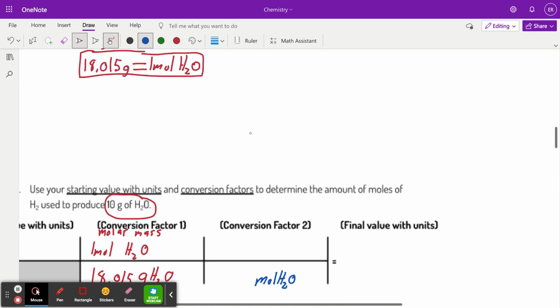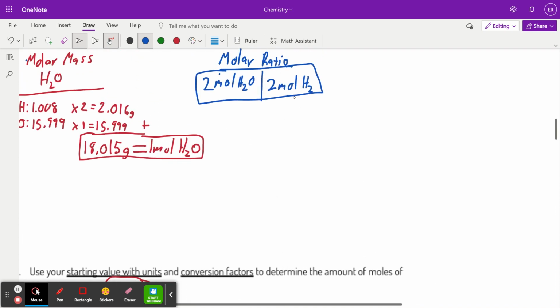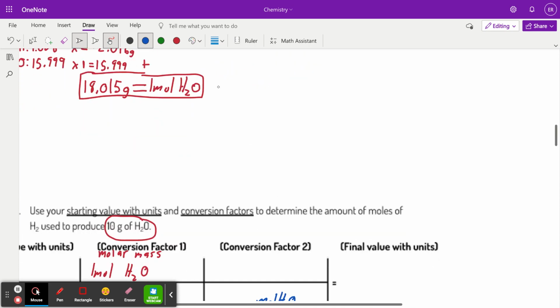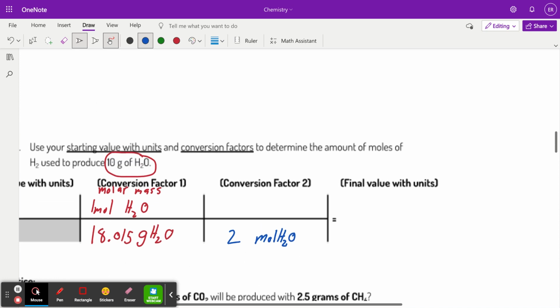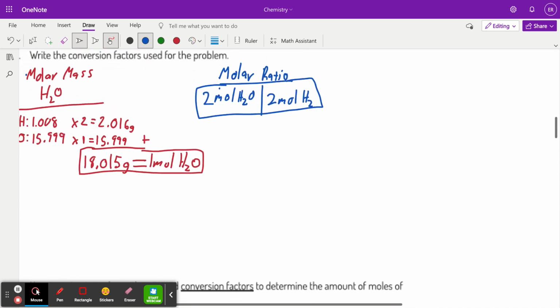So we look back at our conversion factor. How many moles of H2O? It says 2. We have 2 moles of H2O. And the other side of our molar ratio is, so we already put down this part. Now we need to put down this part.